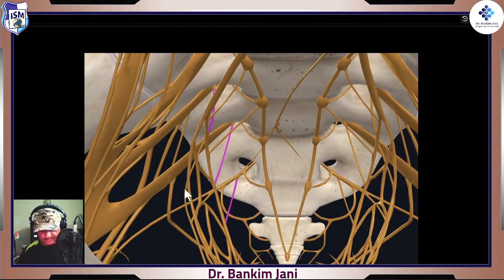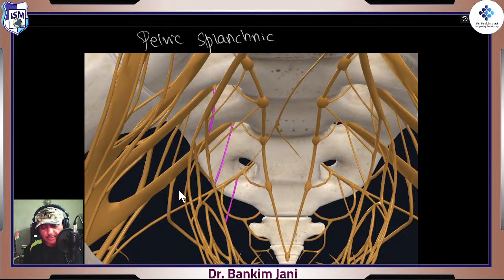See in this. This is pelvic splanchnic nerve. And we said that is S2, S3, S4, right? So here it is S2, that's S3, and that's S4, right?